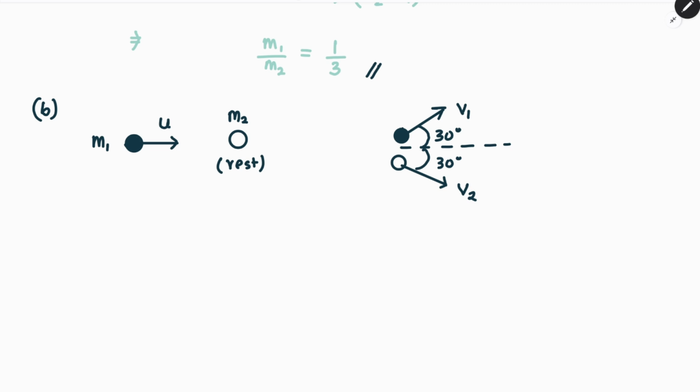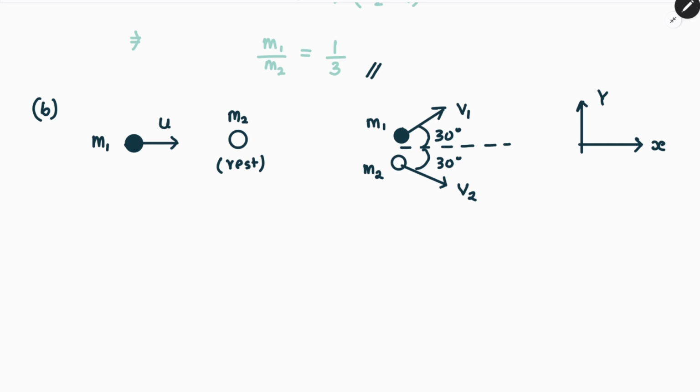The particles fly apart symmetrically, that is, both the angles will be 30 degrees, and the two angles sum up to 60 degrees. As in the first part, this is taken as the x-axis, and this we refer to as the y-axis. This one is the particle of mass m1 and this is the particle of mass m2.